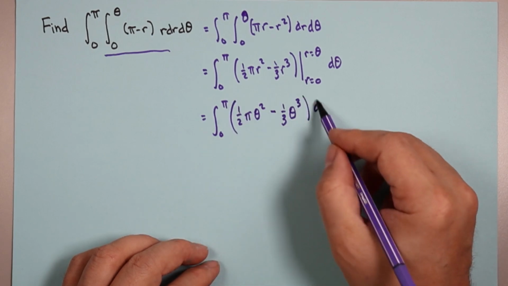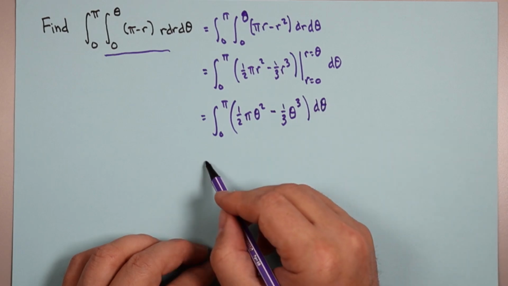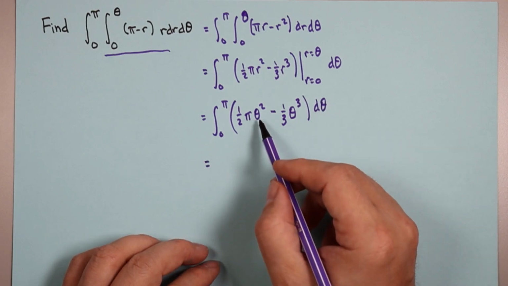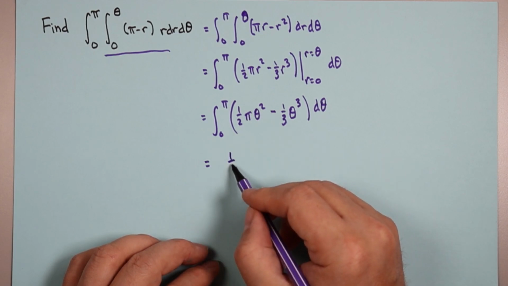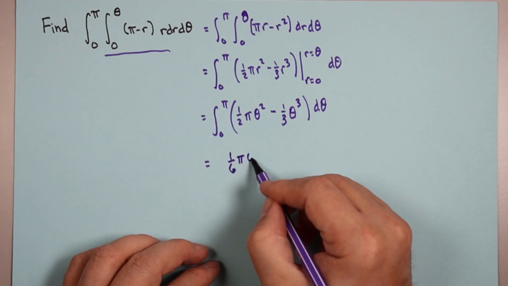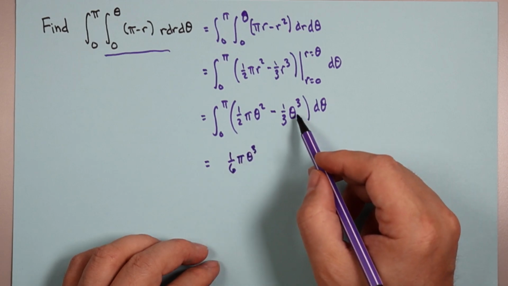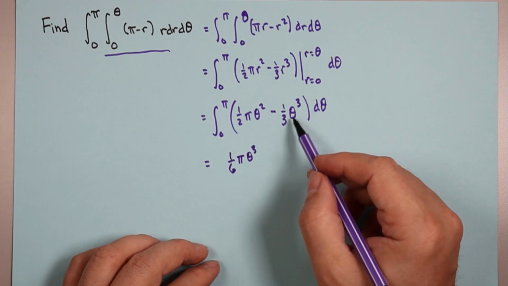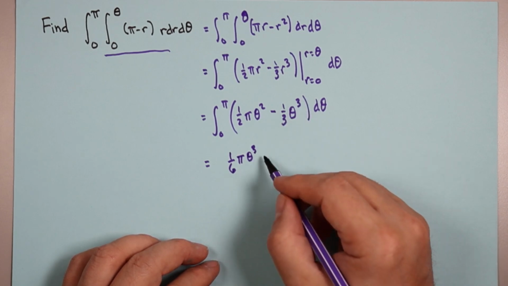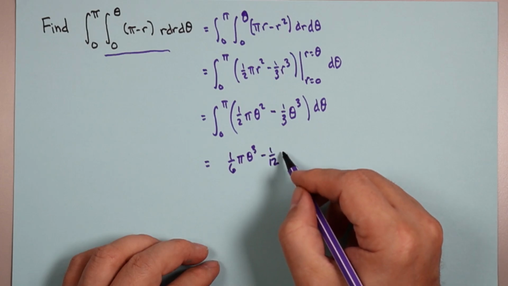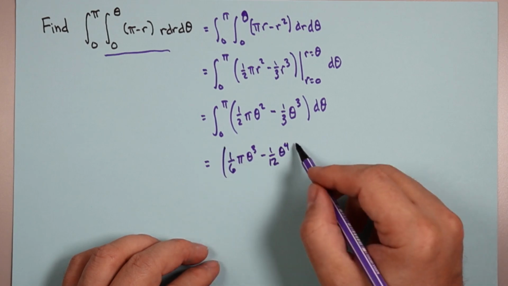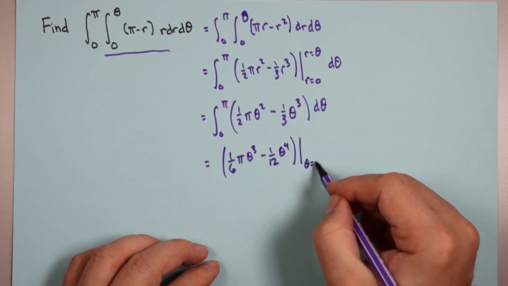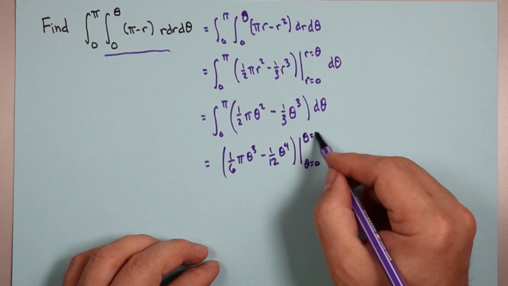d theta. Now we integrate with respect to theta. The integral of theta squared is theta cubed over 3, so it becomes 1/6 pi theta cubed. The integral of 1/3 theta cubed gives theta to the 4th divided by 4, so 1/12 theta to the 4th. And evaluate from theta equals 0 to theta equals pi.